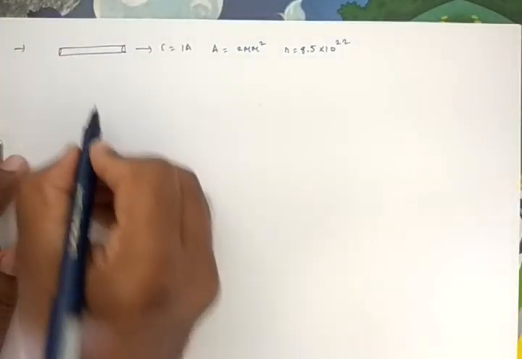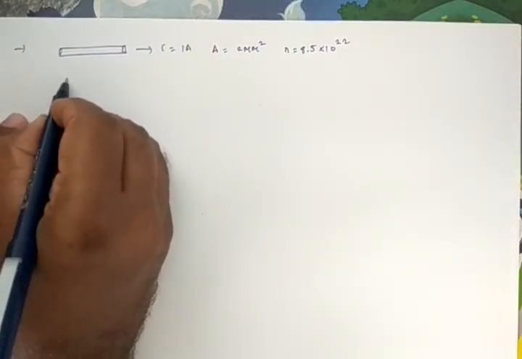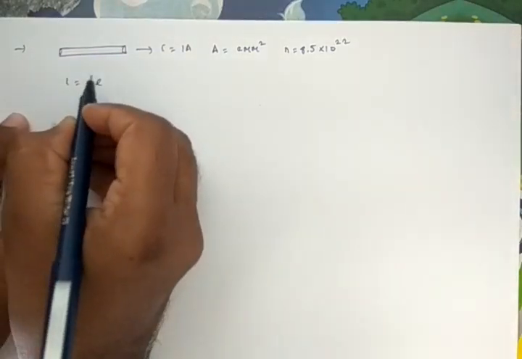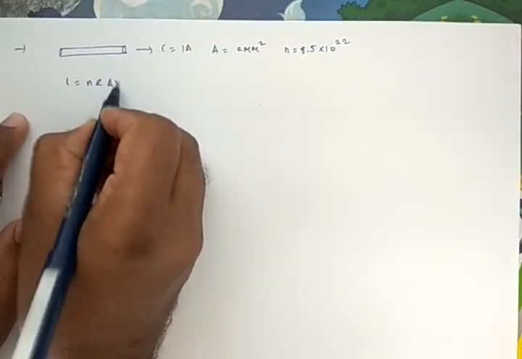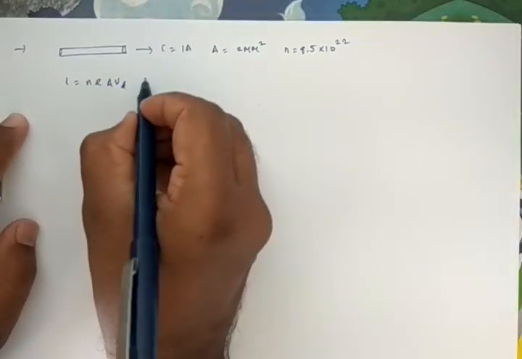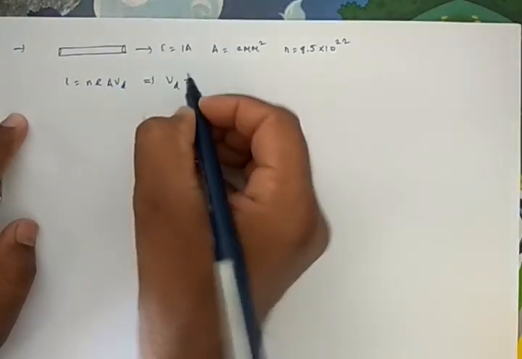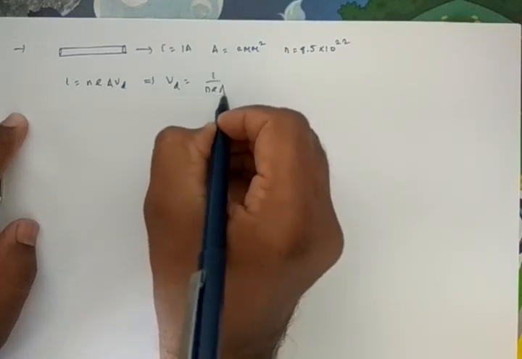If this is the case, then what is the drift velocity or drift speed of an electron? We know that I equals N E A VD. This is the general equation. From here you can write drift velocity equals I by NEA.